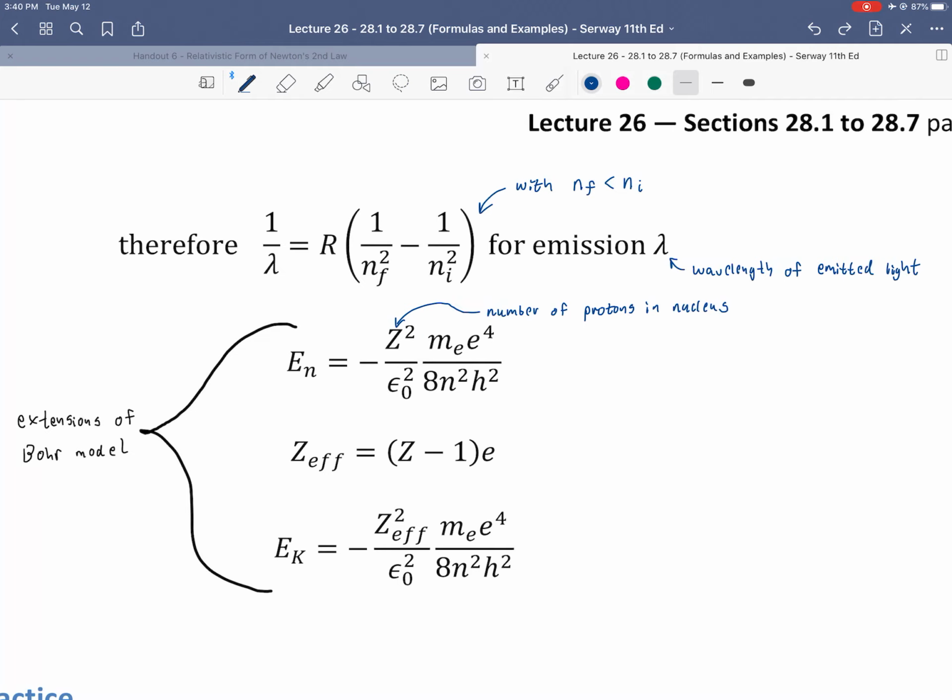And this only works, however, if those larger elements, those elements with more protons in the nucleus, have lost their extra electrons. Because it would be typical to find them in a non-ionized state, especially in a low energy environment.